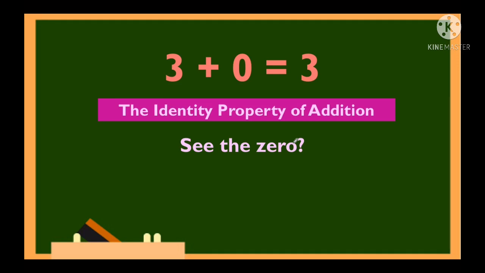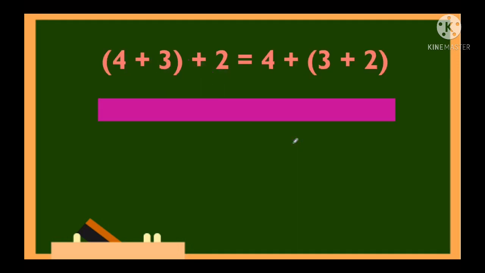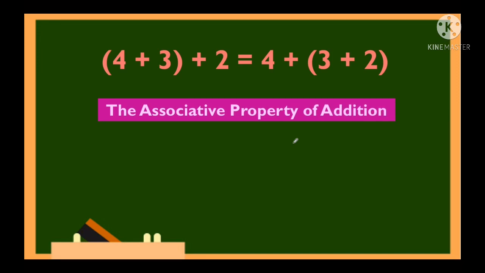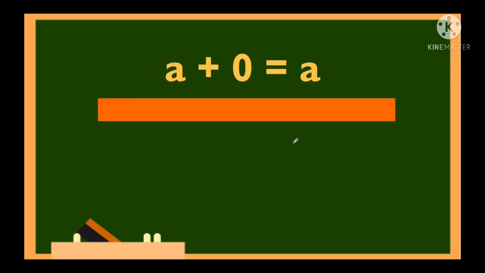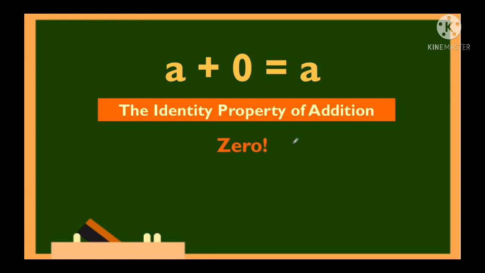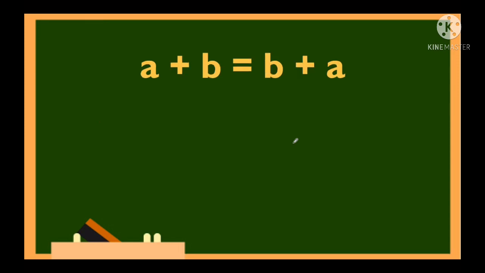See the 0? Yeah. Okay. This one is the associative property of addition. It's because we have the parentheses. How about this? Good job. It's the identity property. How about here?